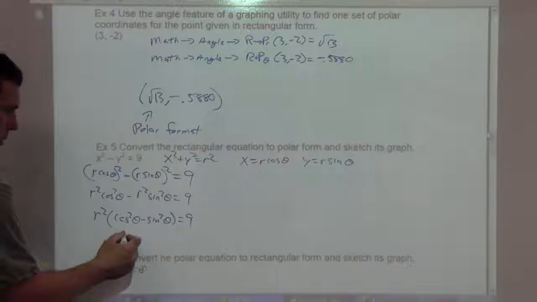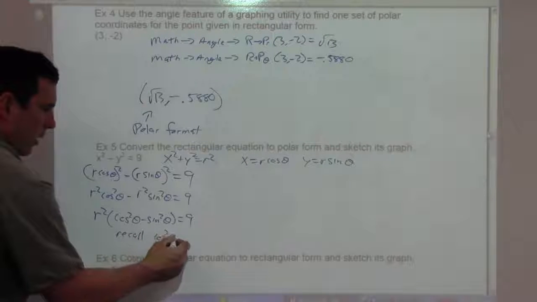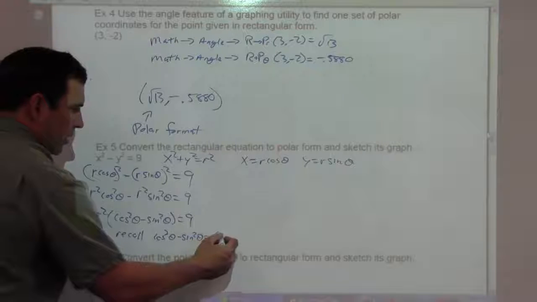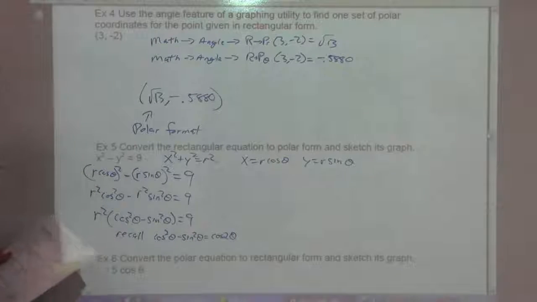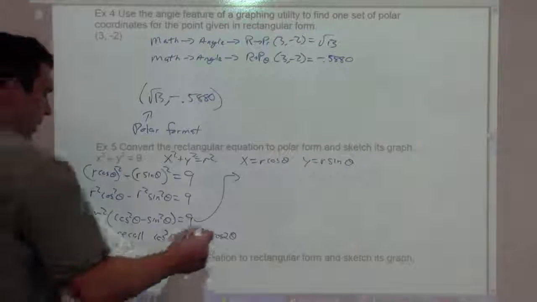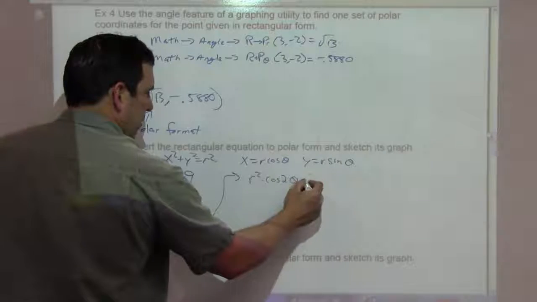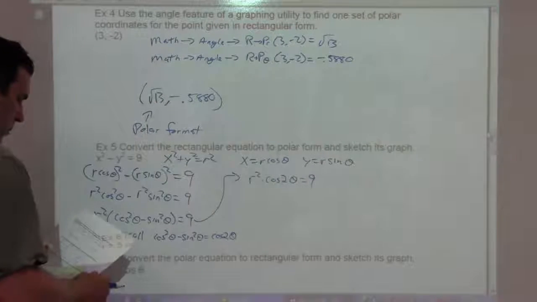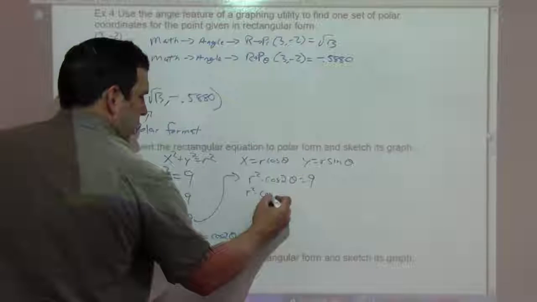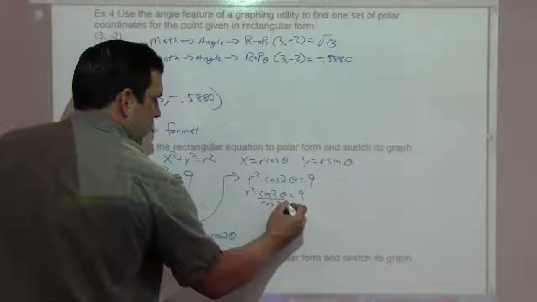Now recall from your pre-calculus days that cosine squared theta minus sine squared theta equals cosine of 2 theta. So that means we have r squared times cosine of 2 theta equals 9. I'll divide both sides by cosine of 2 theta.